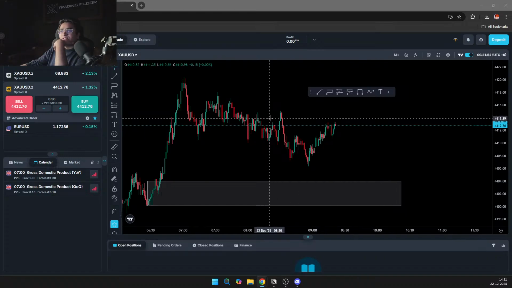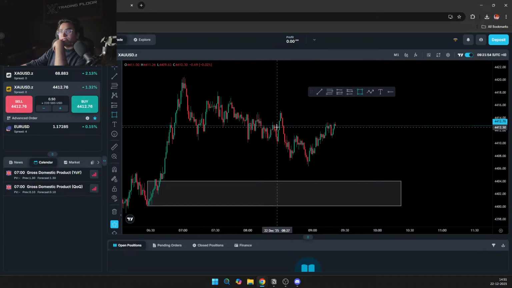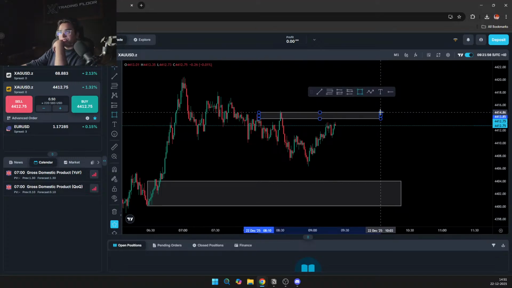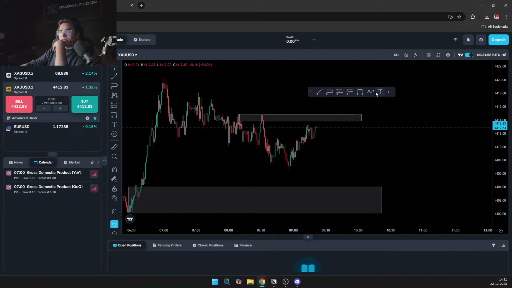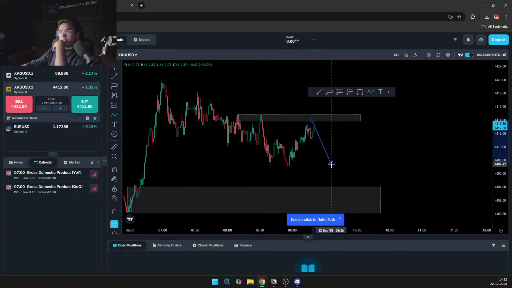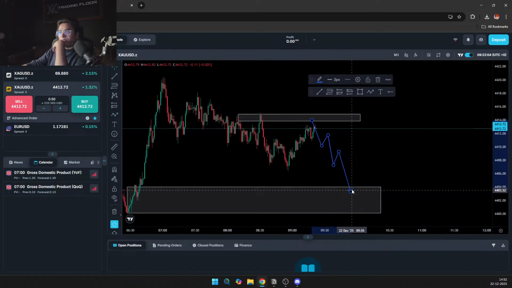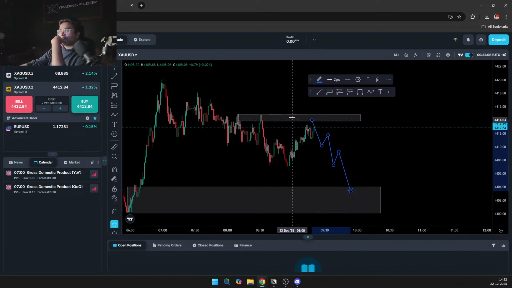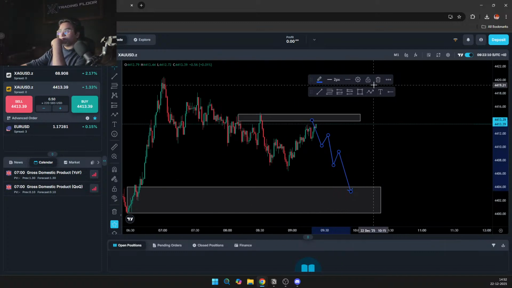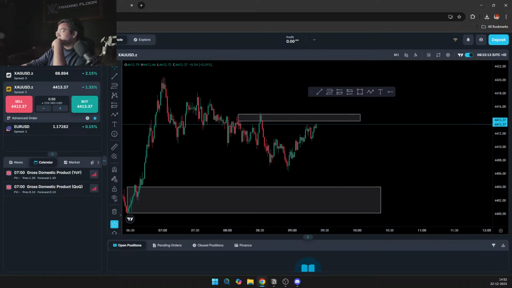I feel like if price taps into these levels, there's a huge possibility that we see rejections. If we do drop from here to here, I'm interested in buys at this level, because looking for sells in this huge uptrend, to be honest, is suicide.